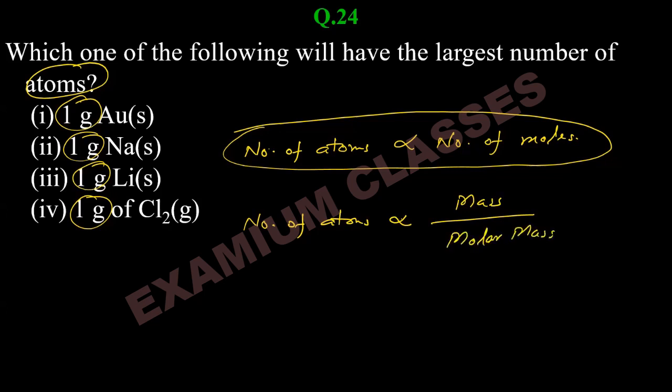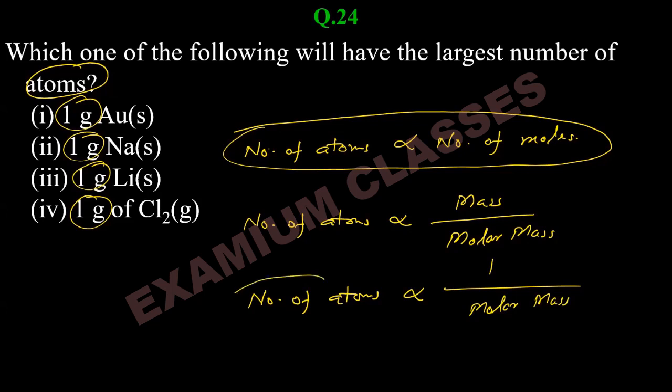You know number of moles equals given mass upon molar mass. So in terms of mass, the one with least molar mass will have the most number of atoms. Excellent, good. And mass here is constant.